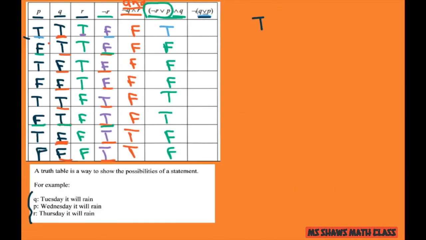But not both, that's going to be true. But not both, so that's going to be false. But then it has the not. So first, let's just do Q or P, that's going to be true.